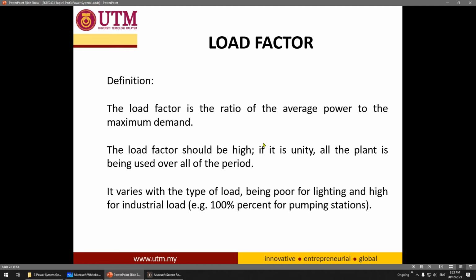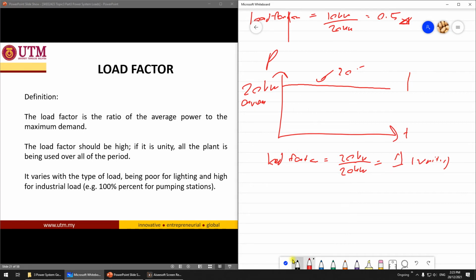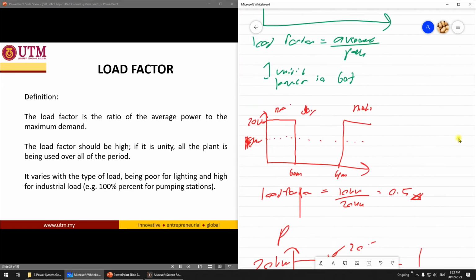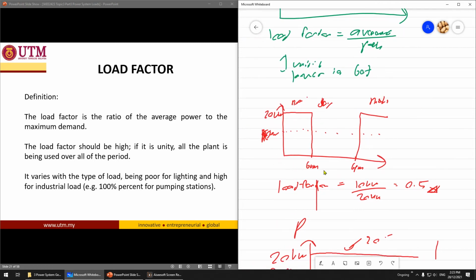We want a good load factor because you can see here in lighting, the load doesn't turn on all the time. Even so, you have to make sure you install 20 kilowatt capacity. But it is not turned on 24 hours, only 12 hours. So this is just a waste.